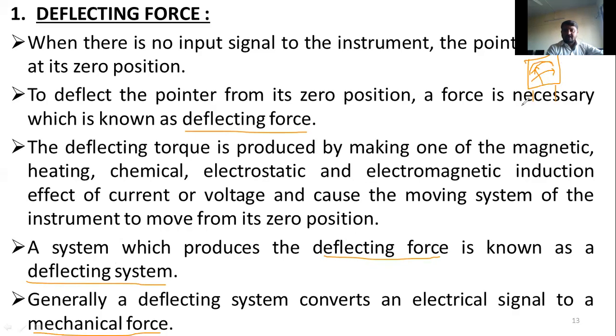Input is given electrical, but the output is mechanical. So generally this deflecting system converts electrical signal, voltage or current, into mechanical force. Force means it is deflecting here now. This is the deflecting system operation. Is it clear?